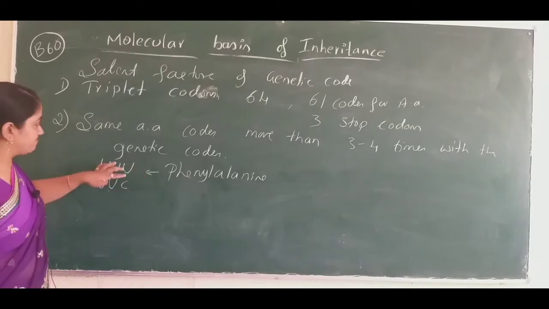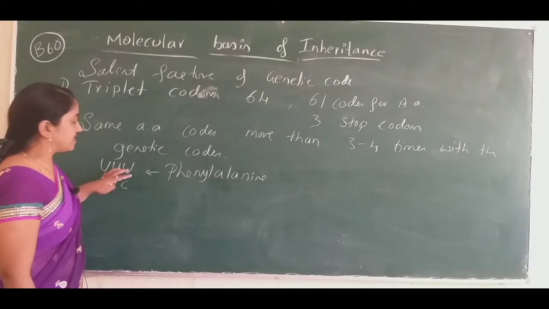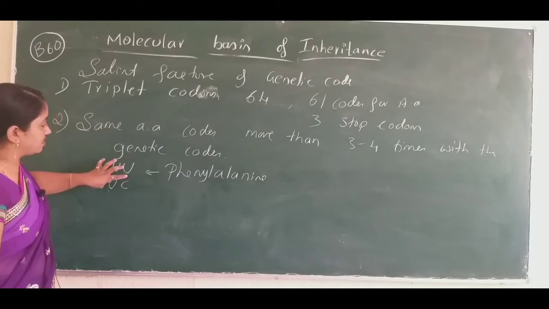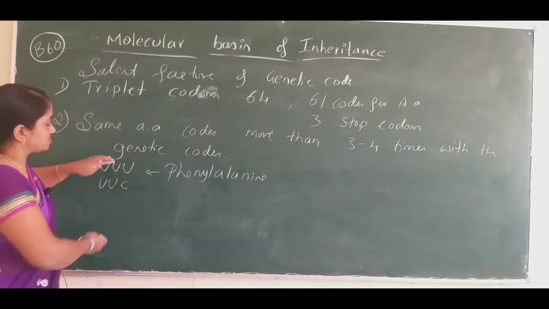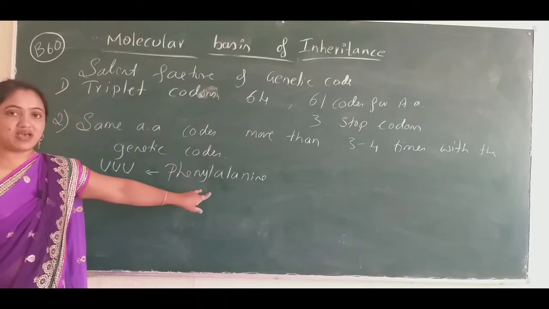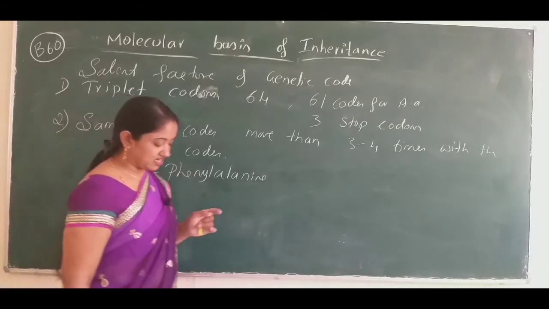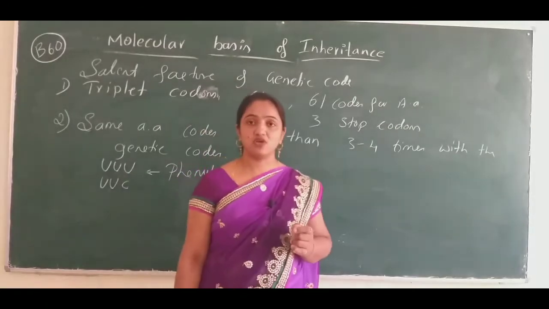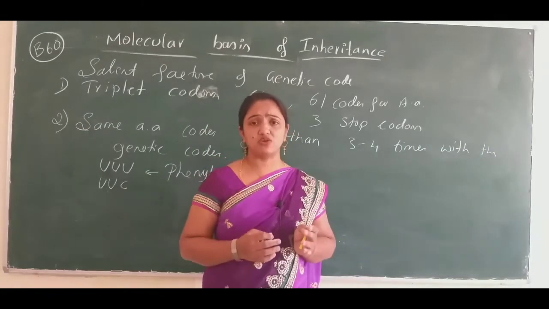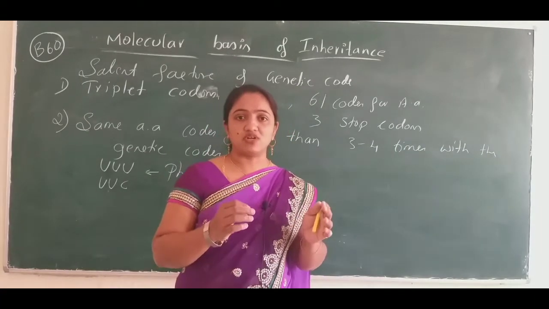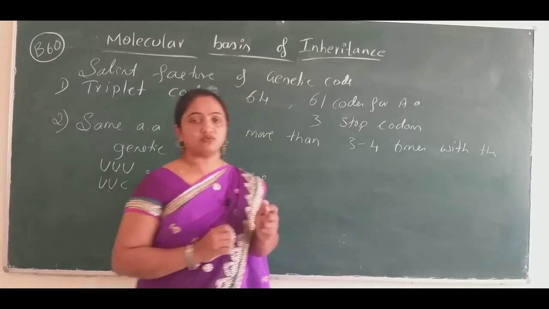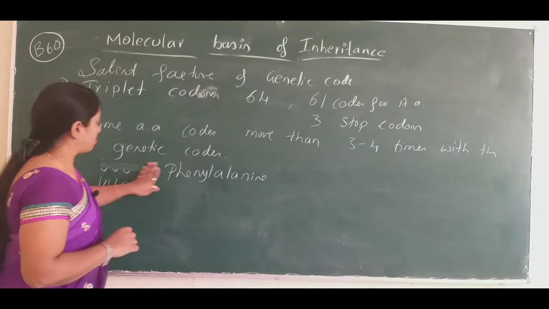For example, I have written 2 different genetic codes, but these 2 genetic codes are coded for the same amino acid. If you look at the checkerboard, you can see a number of repeated amino acids coded with different genetic codons or triplet codons.